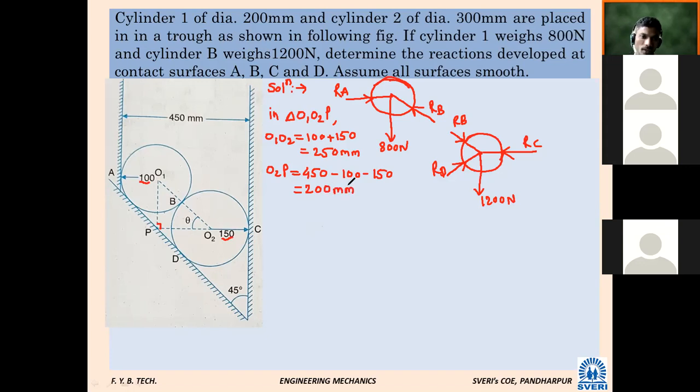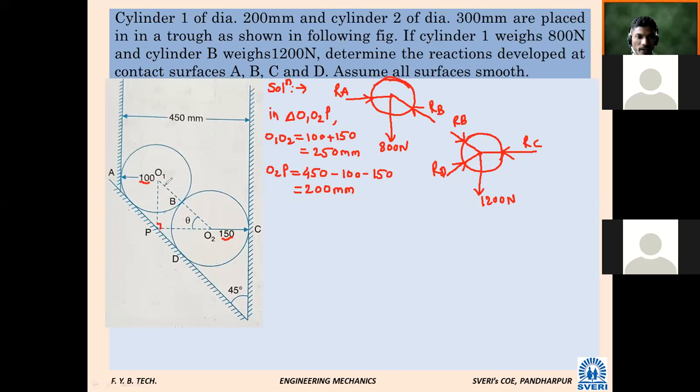Okay. Now is it possible to calculate this theta at the O2 point? Either at point O2 or at this one, any angle you can find. It is possible to find the angle at O1. If you apply sine at angle O1, is it possible to find O1 or O2 with this? Yes, sir.